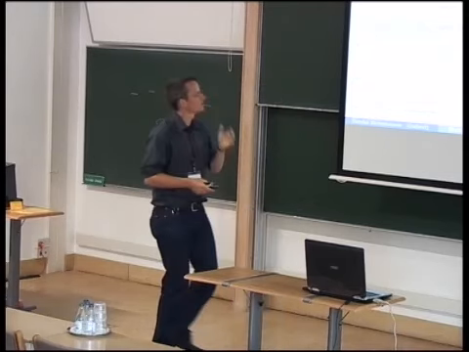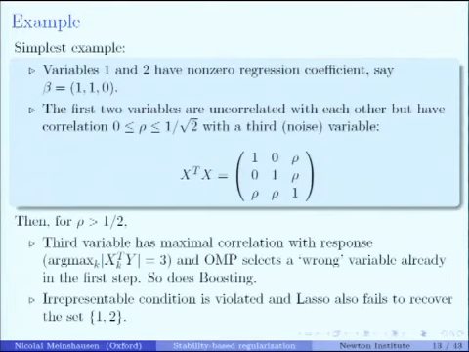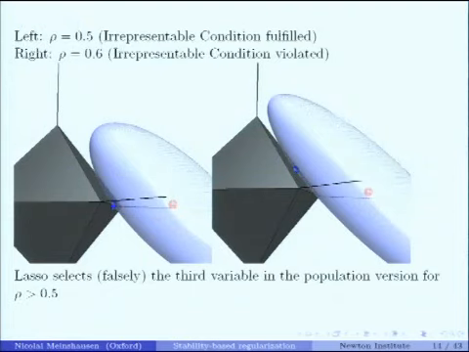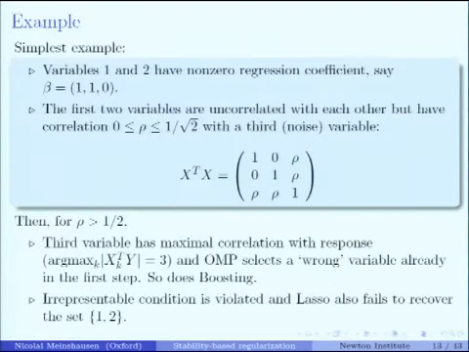So here's an example again. It's the simplest example you can construct. It's a toy example, but I hope it's going to be instructive after all. You've got three predictor variables. And the first two are the ones you want to have.